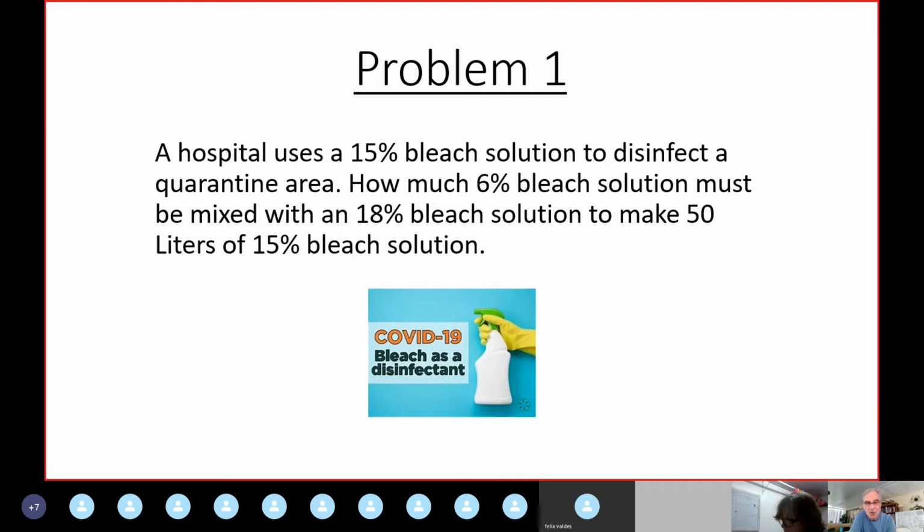How much 6% bleach solution must be mixed with 18% bleach solution to make 50 liters of 15% bleach solution? A typical mixture problem, where you mix two solutions and expect to get one specific solution that's good to disinfect, in this case the quarantine area.